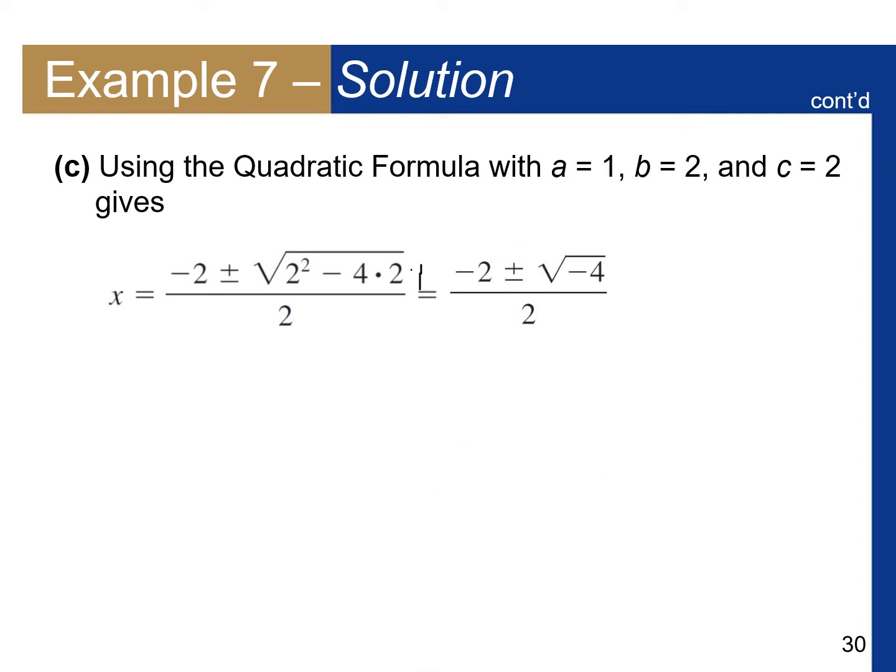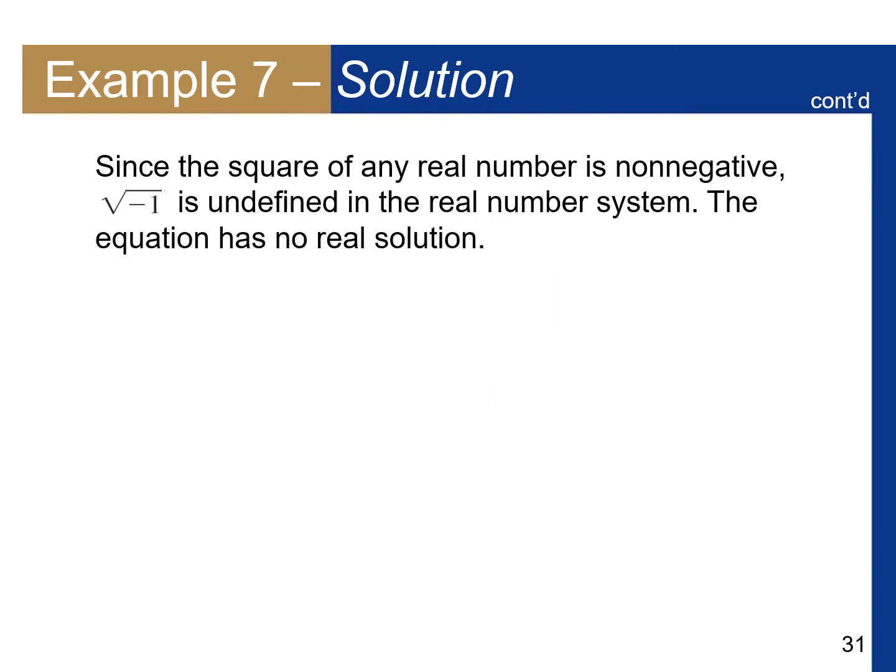So here we have negative 2 plus or minus the square root of negative 4 over 2. So now we have negative 2 plus or minus 2 square roots of negative 1, so negative 1 plus or minus the square root of negative 1. If we're doing the answers in a real number system, the square root of negative 1 is not a real number. So this would have no real solutions.